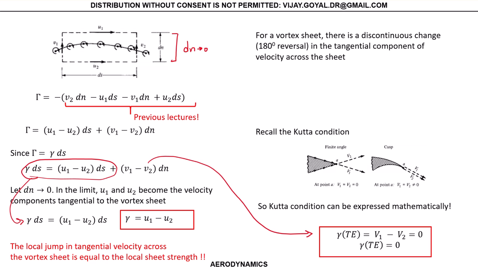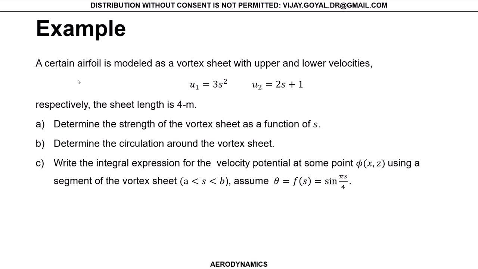So to understand how this works, let's do a simple example. Let's suppose there's a certain airfoil that looks like this, and you have a velocity at the top and a velocity at the bottom. Call this U1, call this U2. The airfoil can be modeled as a vortex sheet with those velocities, and the length is 0 to 4 meters.